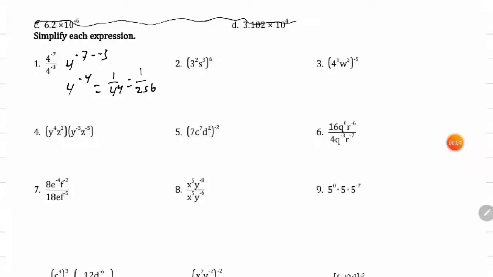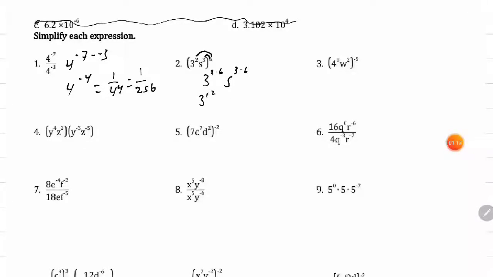Okay. Number 2, we have 3 squared s cubed to the 6th power. So remember, this is just being distributed to here and here, and we're going to multiply. So this is 3 to the 2 times 6, s to the 3 times 6.